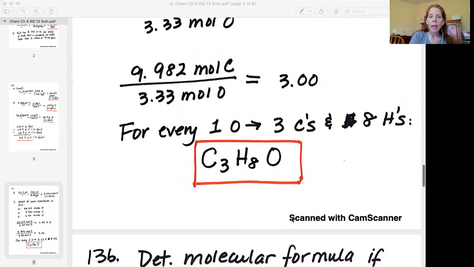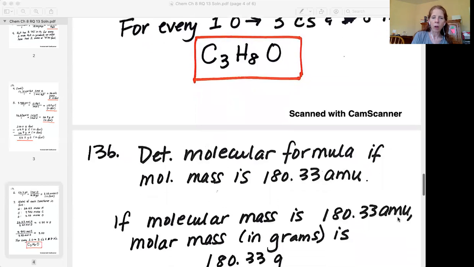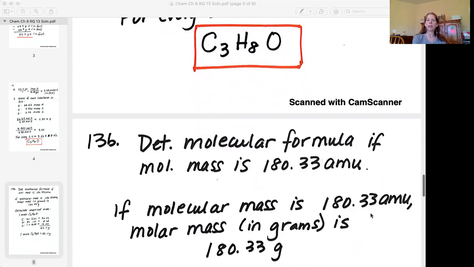Now, the second part of that problem, 13b, said, what would the molecular formula be if the molecular mass is 180.33 AMUs? Okay, how do we figure that out? Well, let's scroll down here a little bit. If the molecular mass is 180.33 AMUs, that means the molar mass had to be 180.33 grams.